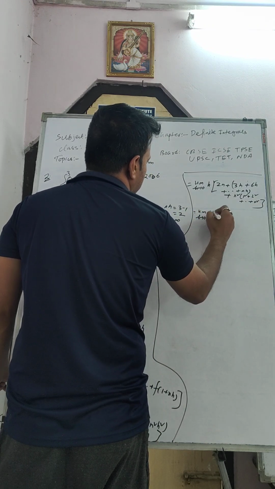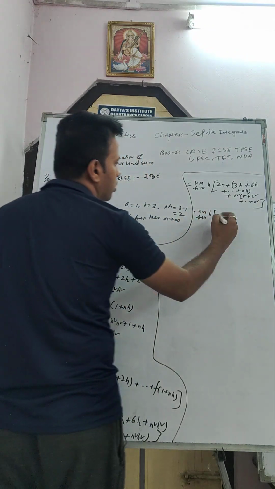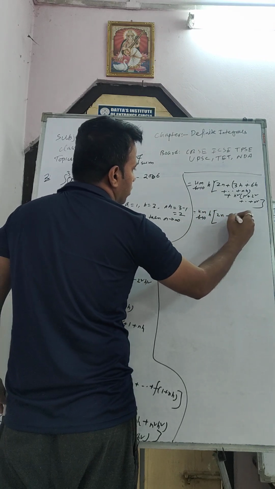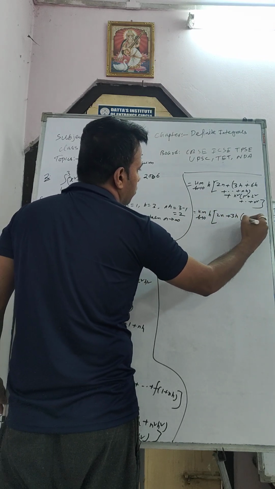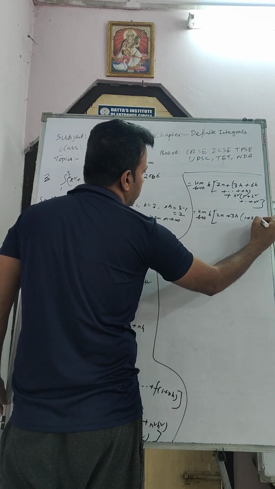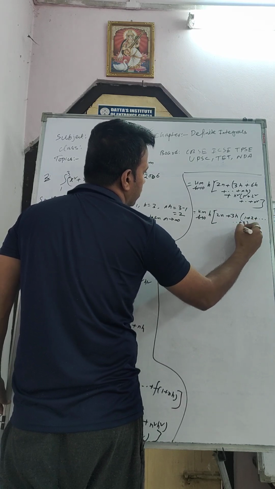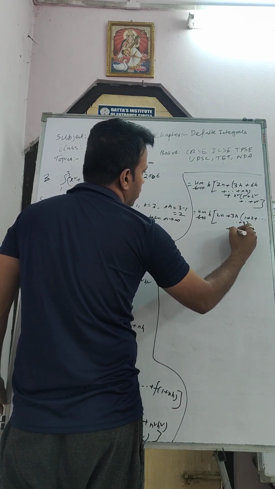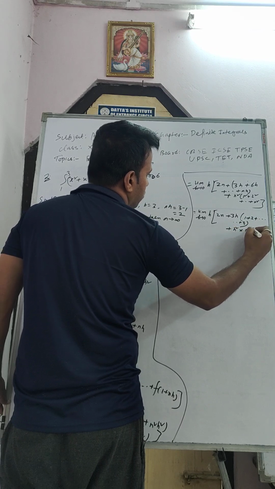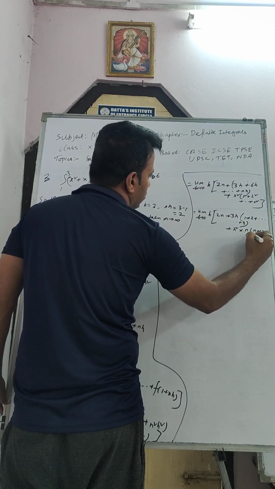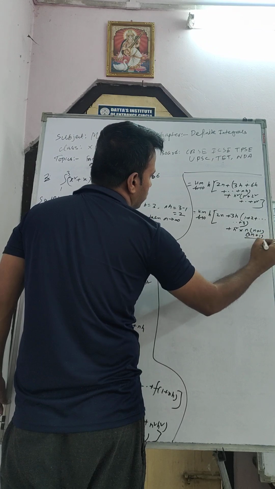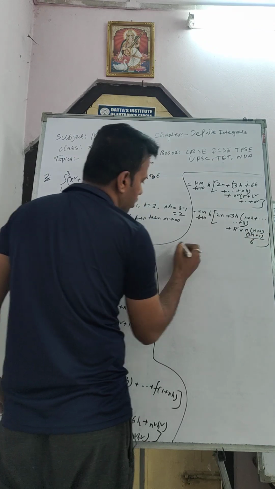So limit h tends to 0, h into 2n plus 3h into n into n plus 1 by 2 plus h square into n into n plus 1 into 2n plus 1 by 6.